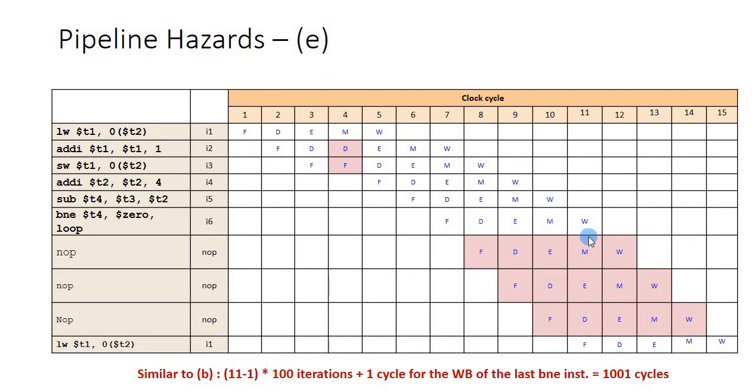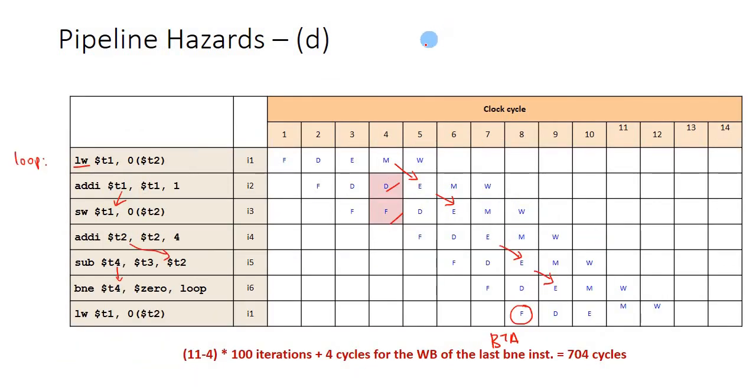If I look at the analysis, basically it takes 11 clock cycles. But as we know, the 4 clock cycles have overlap here, so it is basically 11 minus 4 multiplied by 100, plus 4 for the last iteration of the loop, which is 704.